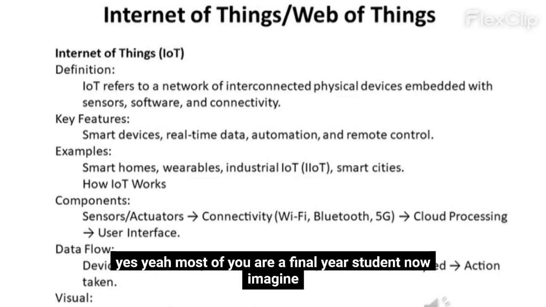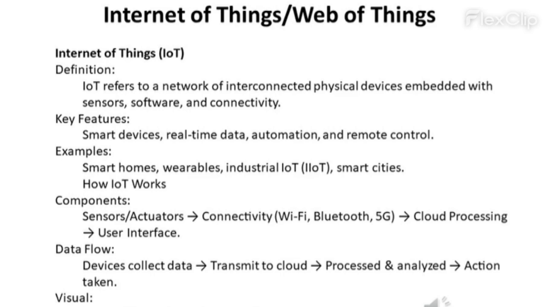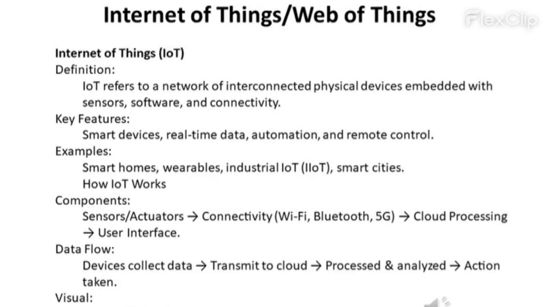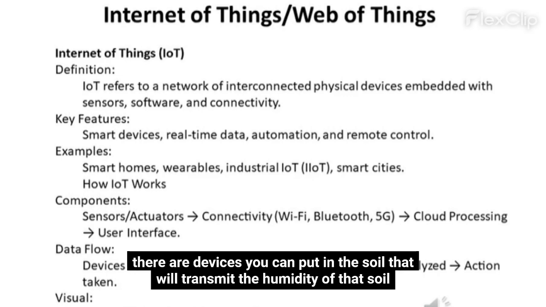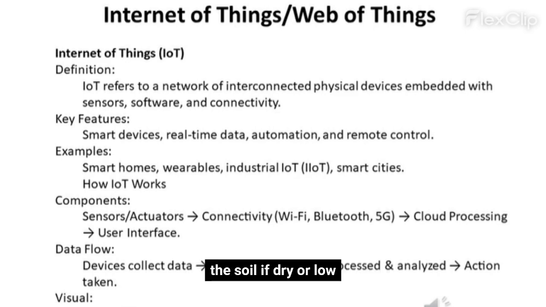Now imagine your project topic falling within the range of smart applications. When you say smart, that means you need sensors. There are devices you can put in the soil that will transmit the humidity of that soil, the temperature of the environment, and the water level of the soil, if dry or low.